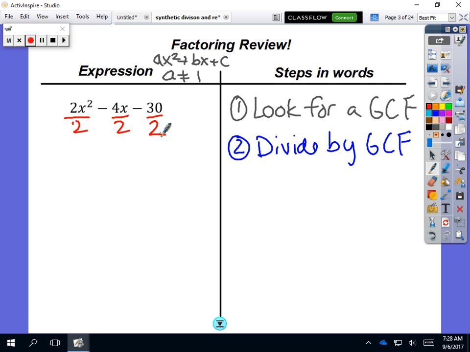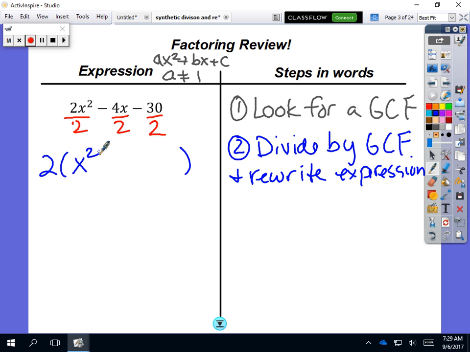And when I rewrite the expression, I rewrite the expression as 2 parentheses and then divide. So 2x squared divided by 2 is x squared, negative 4x divided by 2 is negative 2x, and negative 30 divided by 2 is negative 15.